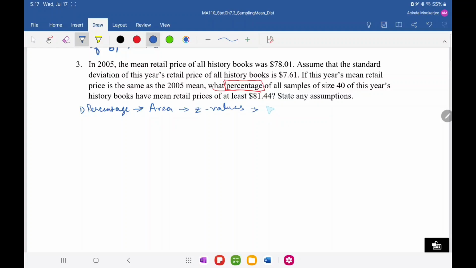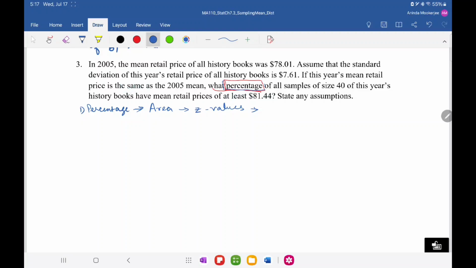Using the formula, of course, but we need to know what the sample mean is, what the population mean is, what the standard deviation is, what the sample size is, and so on. That's what is involved in the z-value formula. So we've obtained that much information from just the word percentage. Now we know what the question is about.